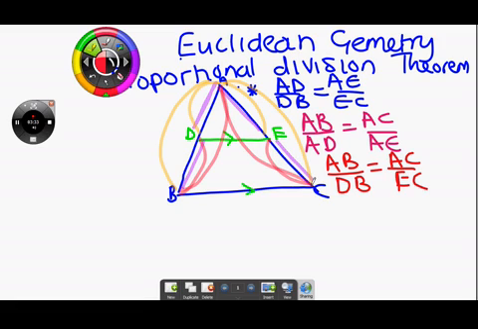Now, let's get to proving at least some of the theorems. Let's prove the proportional division theorem. I'm going to take the common proof. I'm just going to draw my triangle. There is my triangle there.